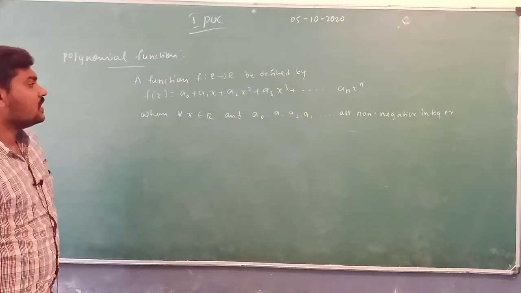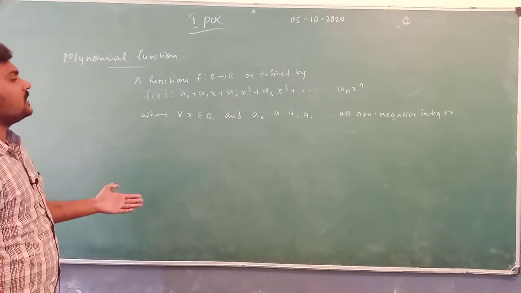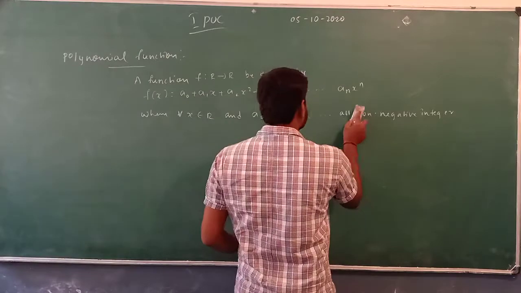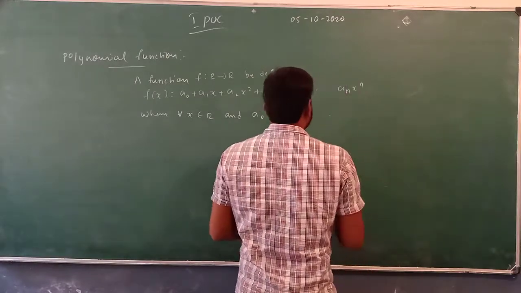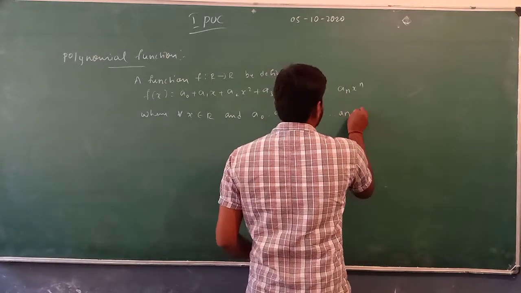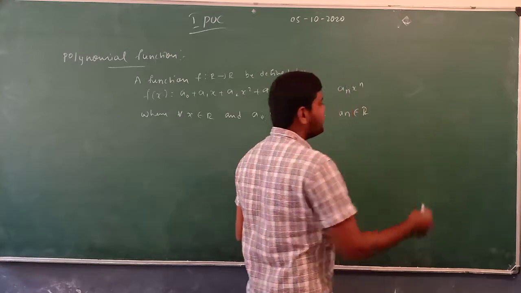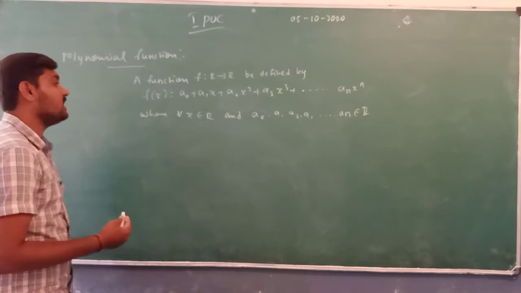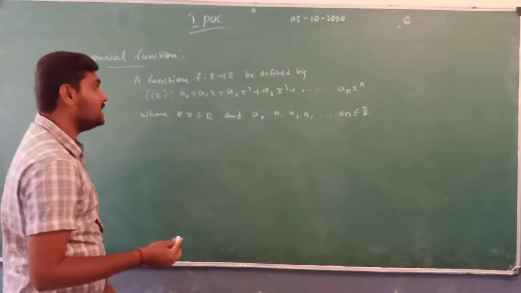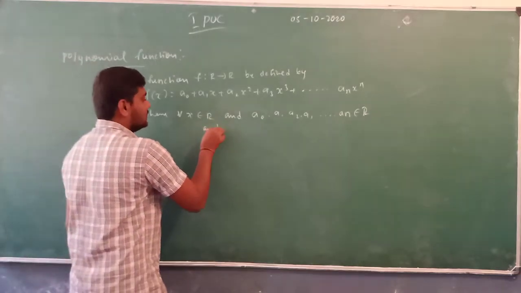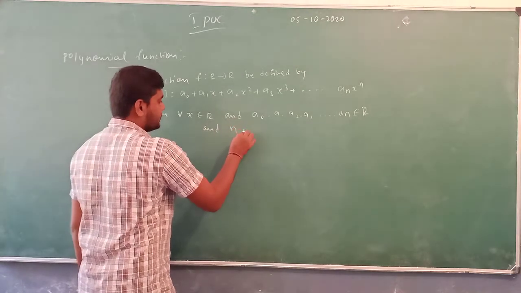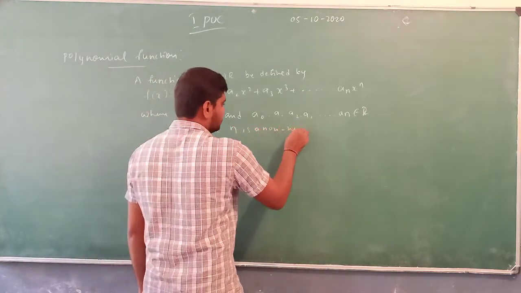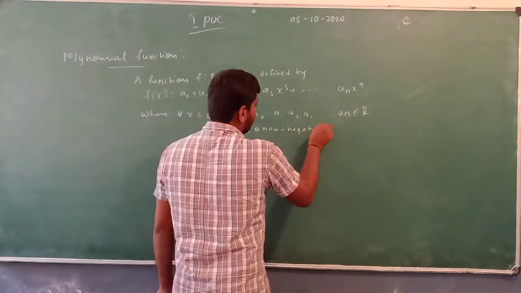Okay, or we can say that a naught, a1, a2, a3 up to an belong to R, and this n is a non-negative integer.